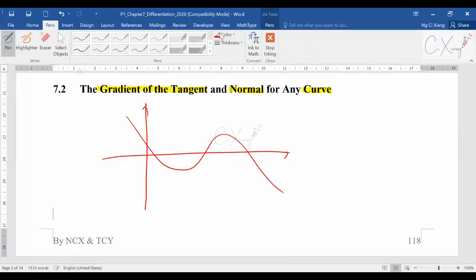For any curve, on any point on the curve, let's say this is x1, there will be a y that touches and passes through the point and the curve at x equals x1.